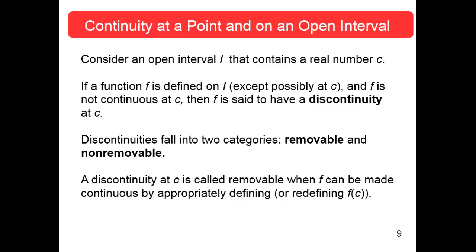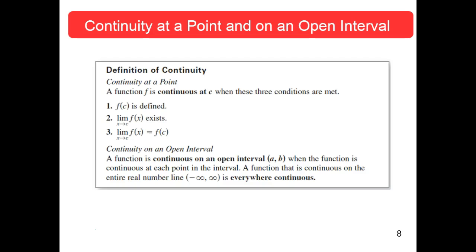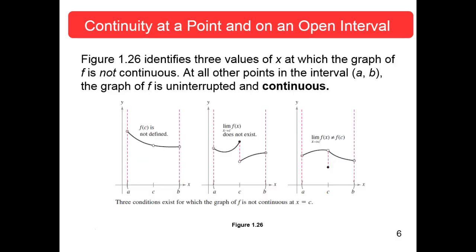So this is sort of the negative side of it. Discontinuities fall into two categories. One is a removable discontinuity, and the other is non-removable. A discontinuity at c is called removable when f can be made continuous by appropriately defining or redefining f of c. Let's go back here. This is discontinuous because f is not defined at c.